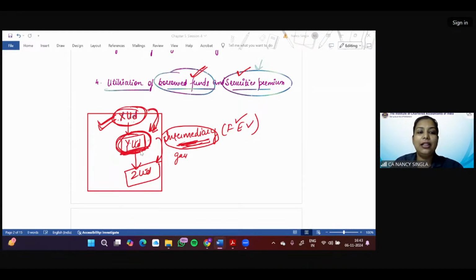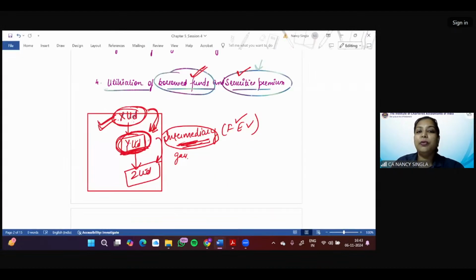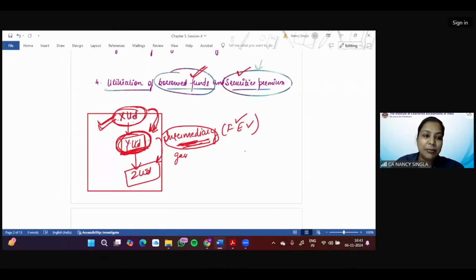That the intermediary shall, so Y shall directly or indirectly lend or invest in other persons. In our case, it will be what? Z Limited, right? Identified in any manner whatsoever by or on behalf of the company, which is what? Ultimate beneficiary. See, ultimately, who is going to get the benefit out of the transaction?